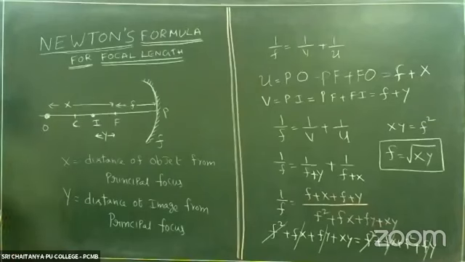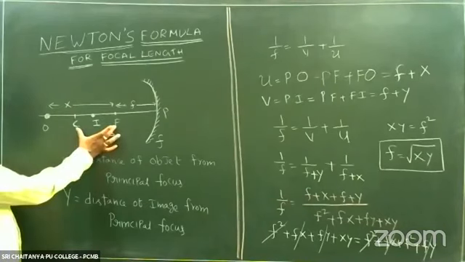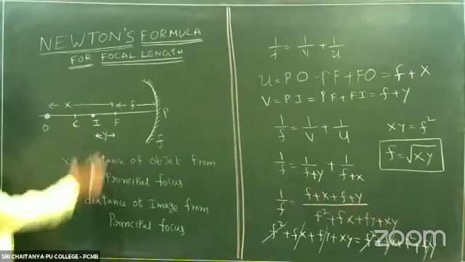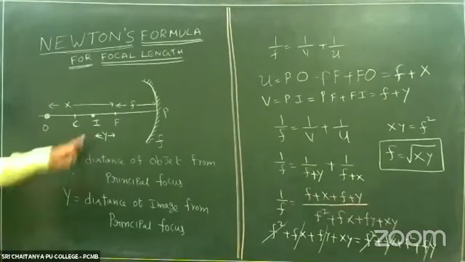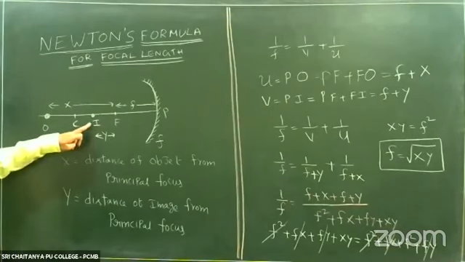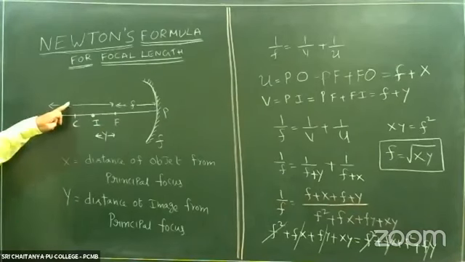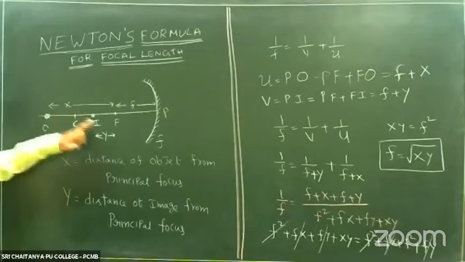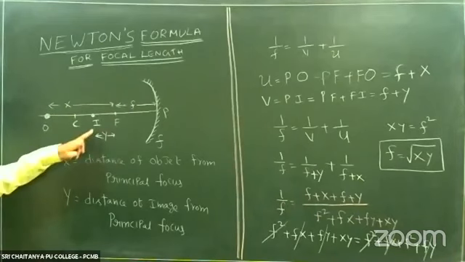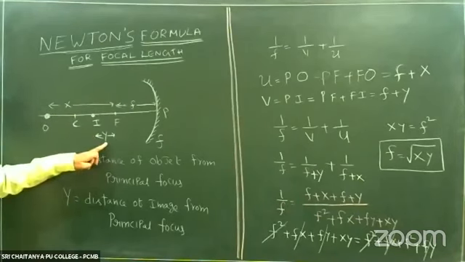If the object is beyond the center of curvature, the image will be between the center of curvature and the principal focus. From the principal focus, the object is at a distance of x, and the image is at a distance of y.